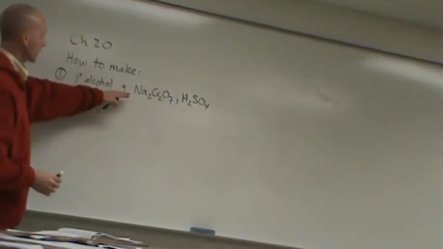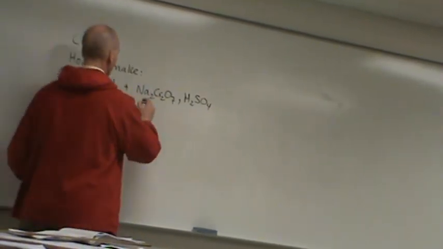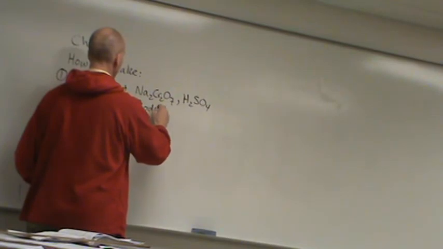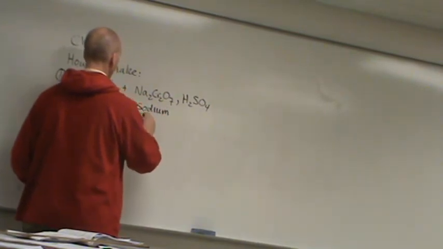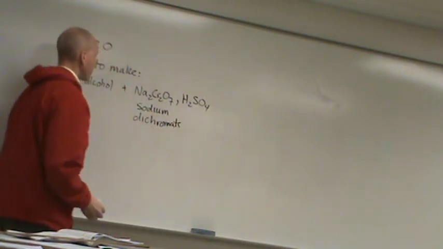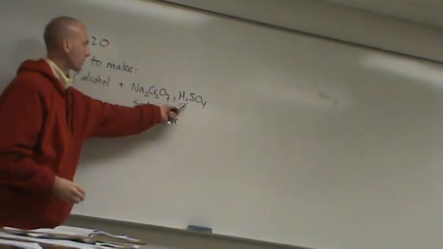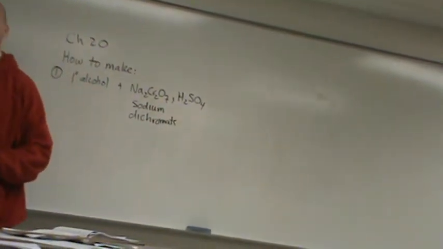So this thing here, Na2Cr2O7, is what's called sodium dichromate. And of course, this here is sulfuric acid.